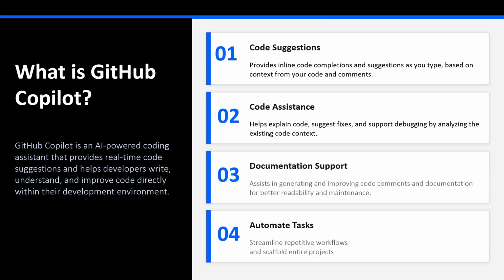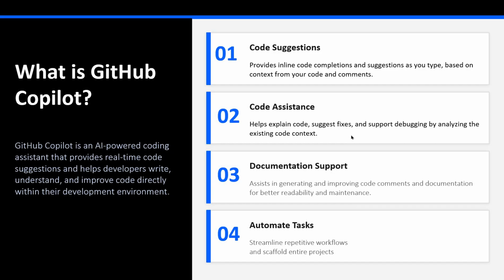Okay, second thing is code assistance. Yes, it can help explain code, suggest fixes, and support debugging by analyzing the existing code context. It can directly access your existing source code, and on the basis of that source code it will do the analysis and then help you with coding and suggest fixes.